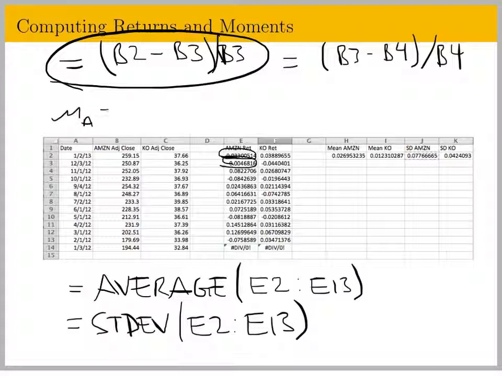So if we just summarize what we've done here, we can say mu of Amazon is equal to 0.026. Well, let's actually express it as a percentage.